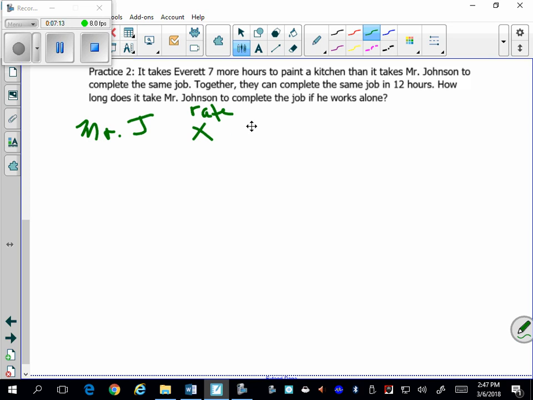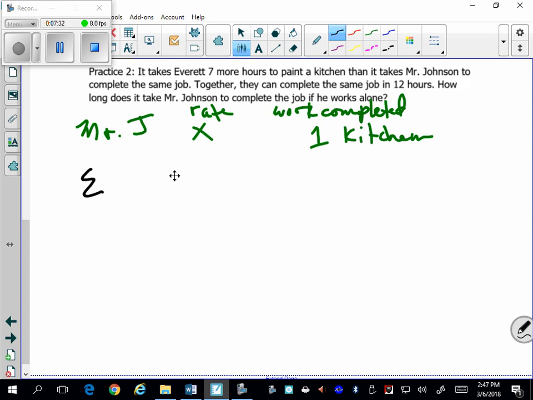So the work completed, he's going to complete 1 kitchen. For Everett, we'll just put him as E. He's got Mr. Johnson's rate plus 7 hours, and that's how much it'll take him to complete 1 kitchen.